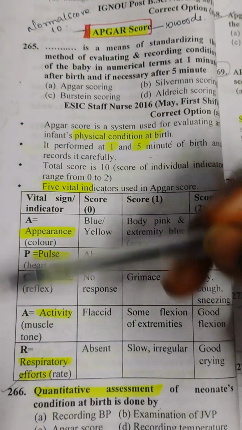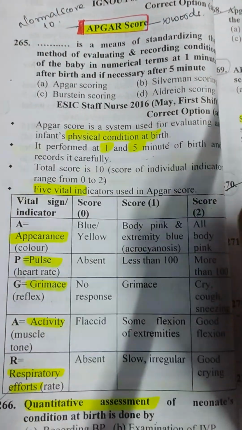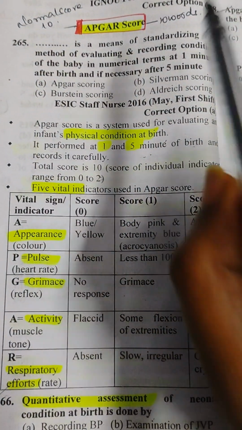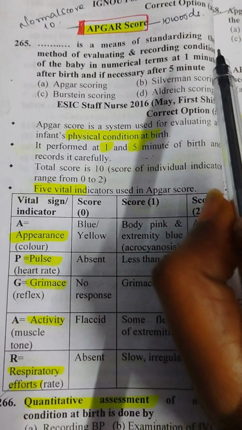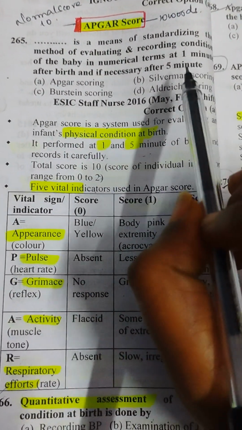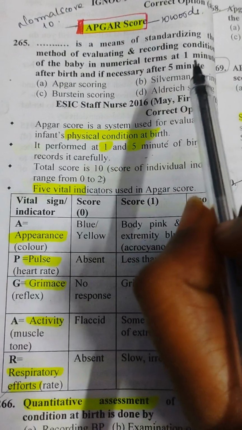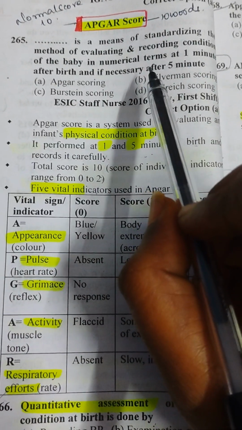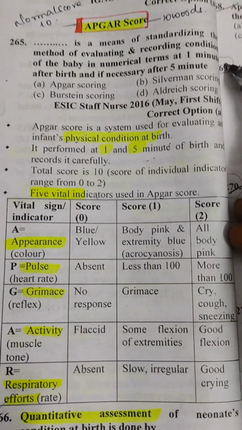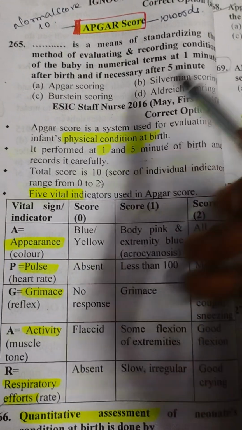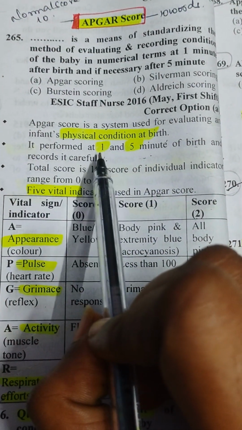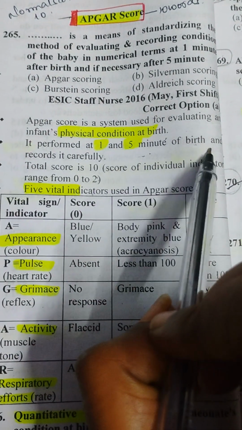So here you can see detailed information about the APGAR score system. This tool is a standard tool we can use for evaluating or recording the physical condition of the baby after birth, and it should be performed within 1 and 5 minutes after birth.